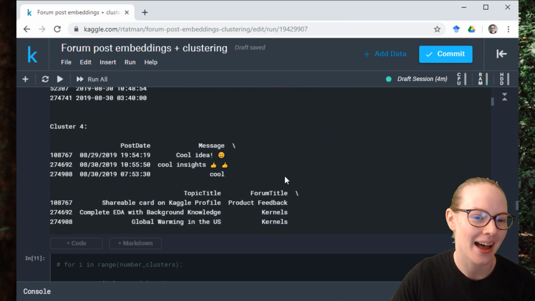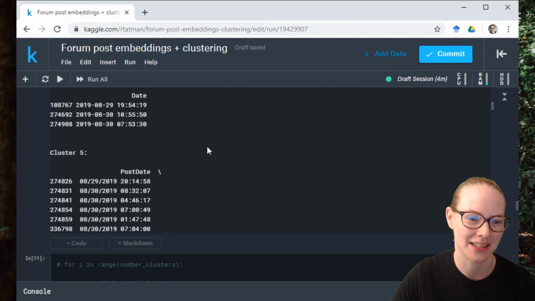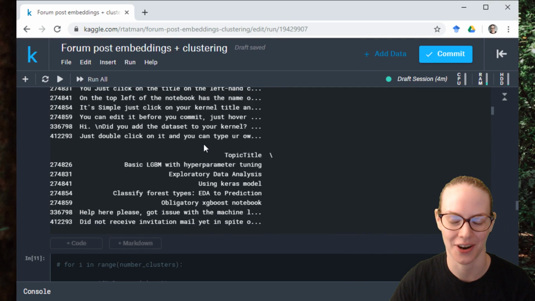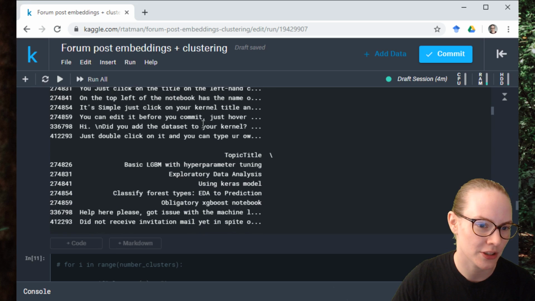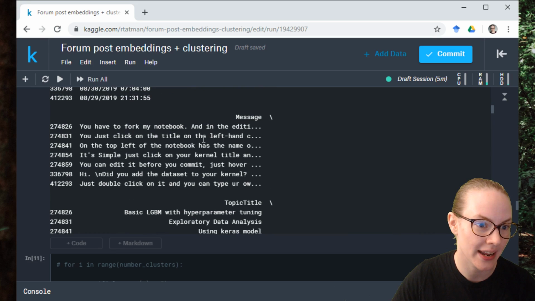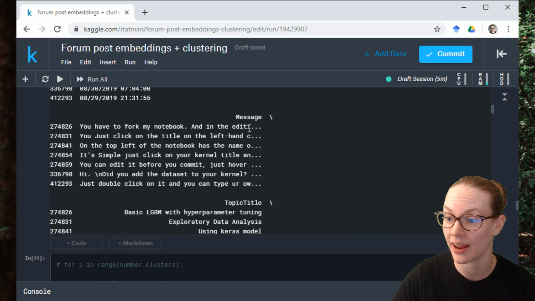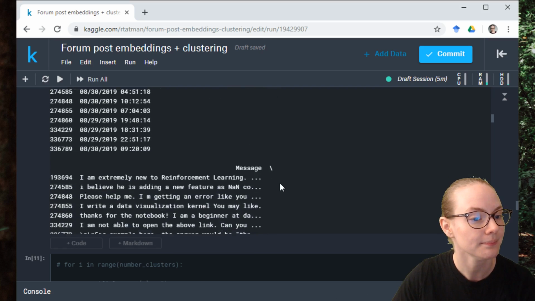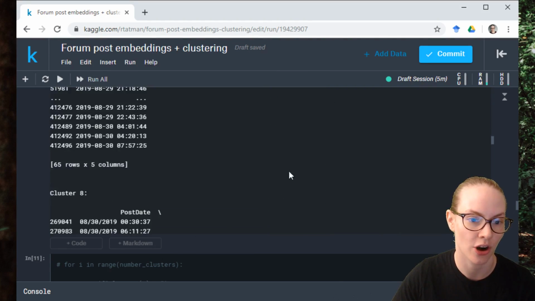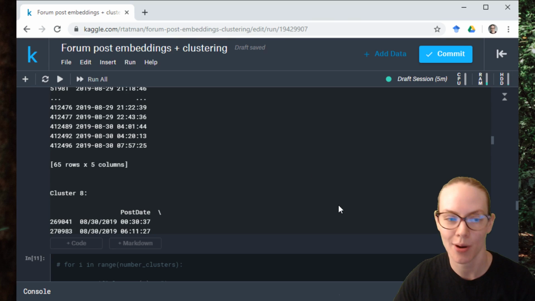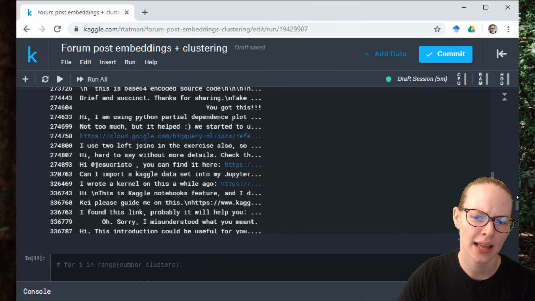So you can see a lot of these clusters, even though they are very tight clusters, are not that informative. And here people look like they're talking about forking and editing. So this is actually a really good cluster, especially to pass on to people who are thinking about UX and that sort of thing. But at this point, the output of the clusters are the posts in the clusters, which is not super helpful.